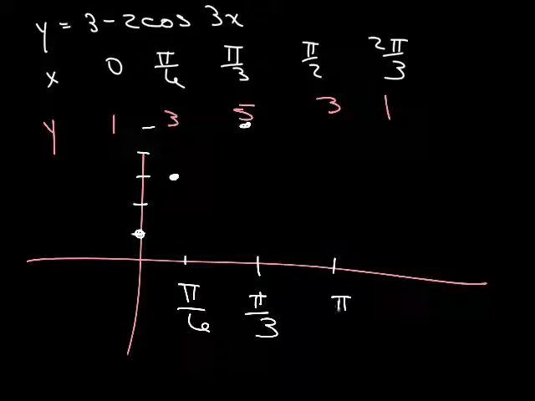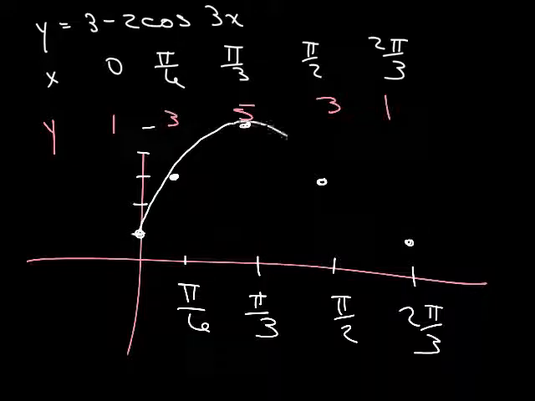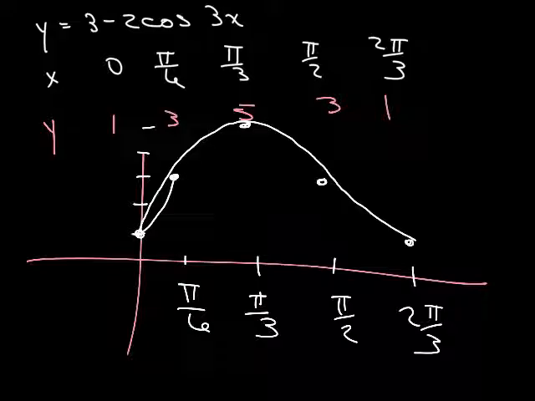At pi over 2, we're at 3. And at 2 pi over 3, we are at 1. So here is my graph here. So actually, it should look more like that.